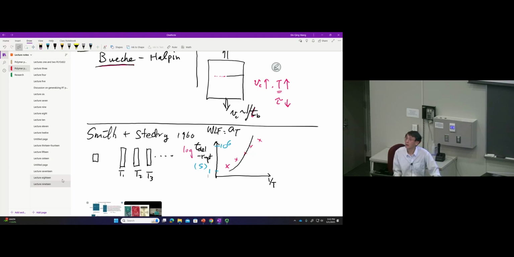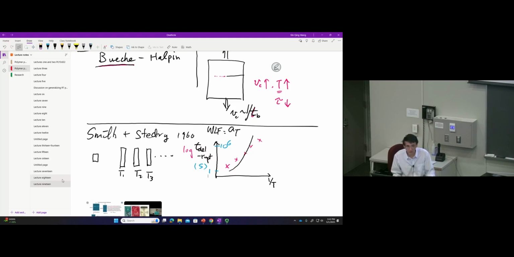Let's see. They did do the shift. I just don't recall how they are doing it. When we have a break, I can find that paper and show you guys what happens.